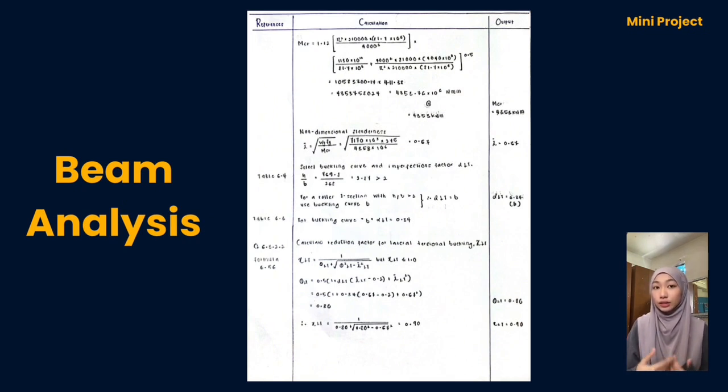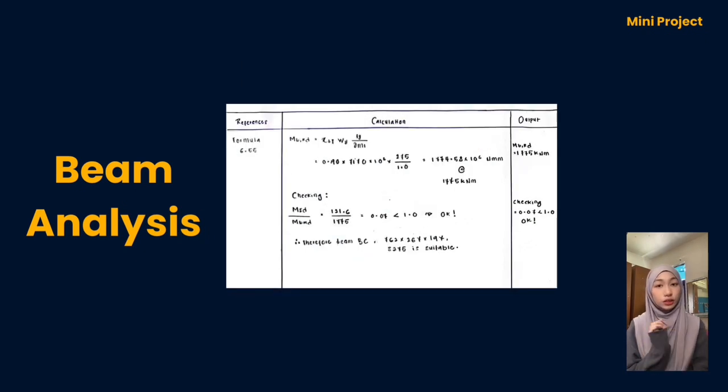And now we calculate chi LT equals 1 divided by 0.8 plus square root of 0.8 squared minus 0.67 squared. The answer for chi LT is 0.90.